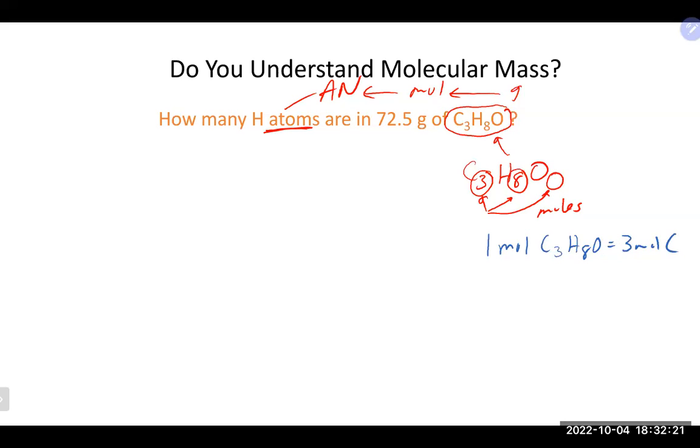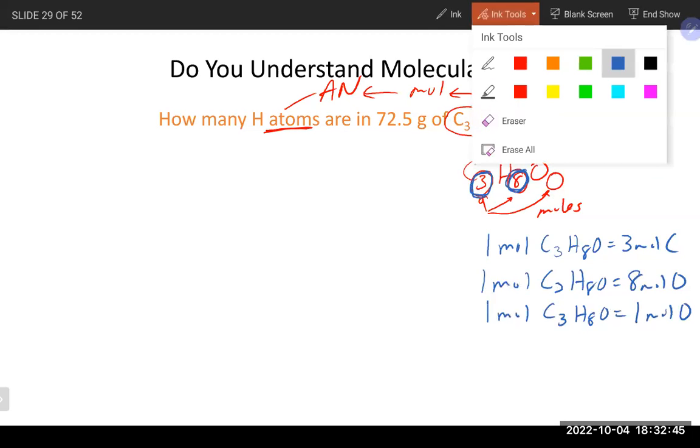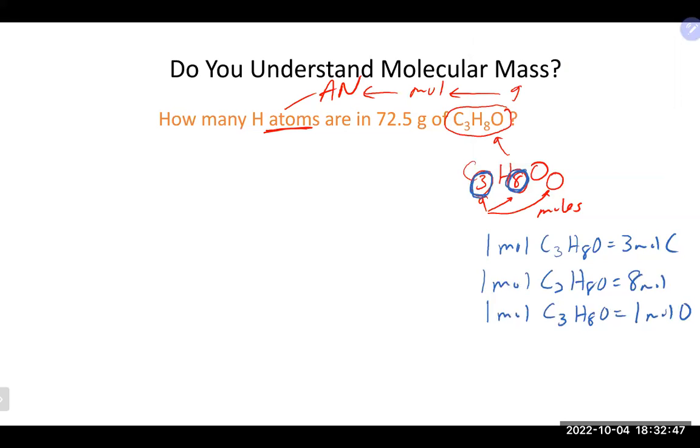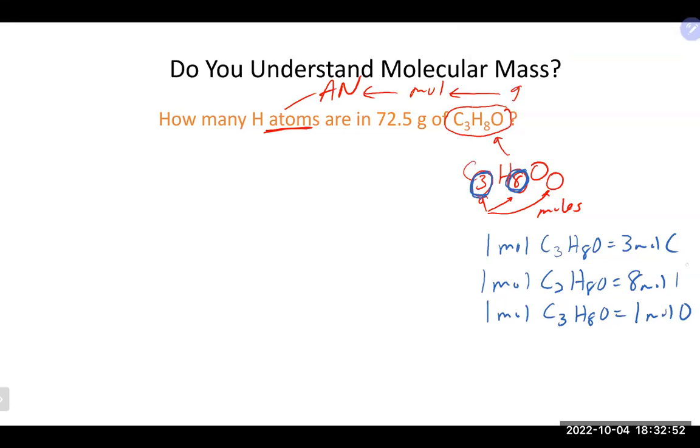That 3 comes from the formula. In 1 mole of the entire compound, there would be 8 moles of hydrogen, which also comes from the formula. And in 1 mole of the entire compound, there is 1 mole of oxygen.